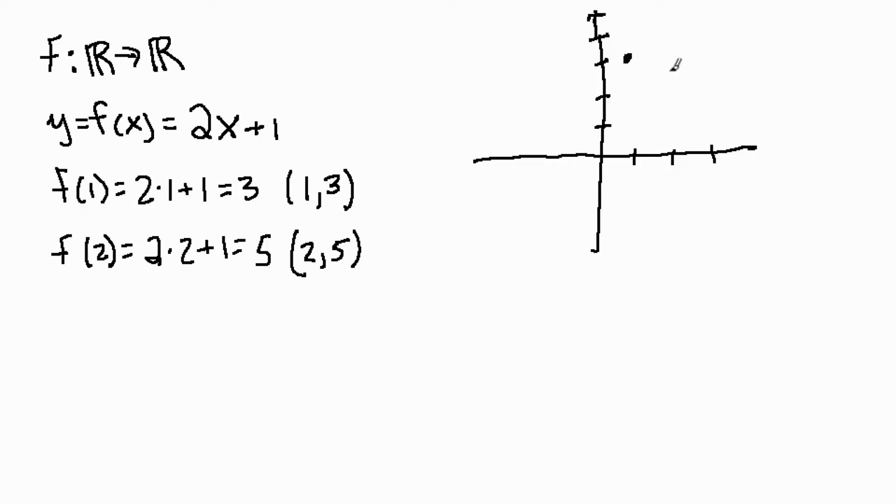And we know that 2, 5 is on the line. So that would be right there. And I come over here and I try to draw a straight line. It looks something like that. I think you have the idea. And the question is, is f 1 to 1?